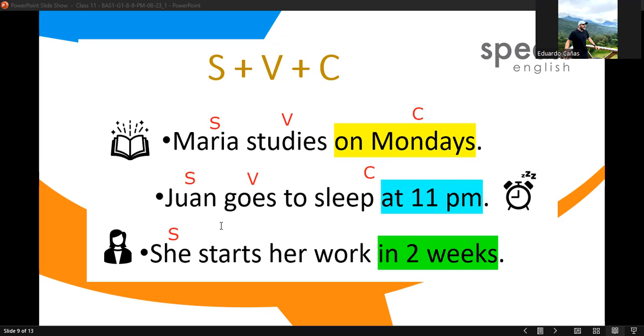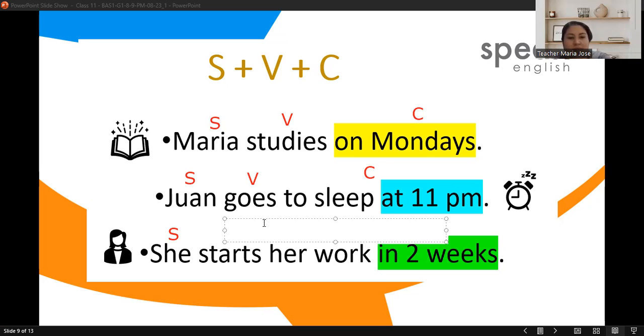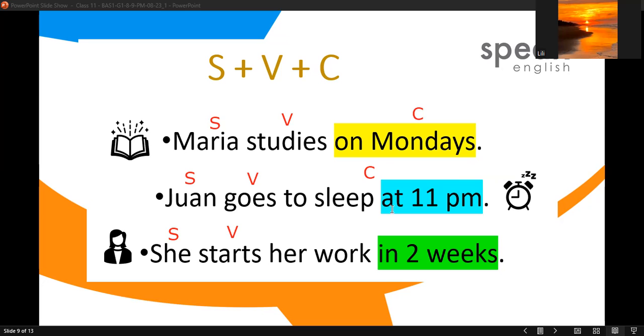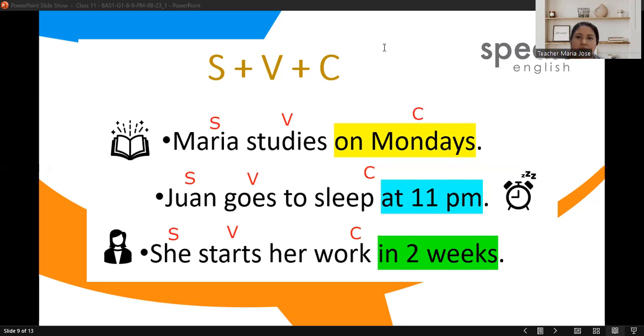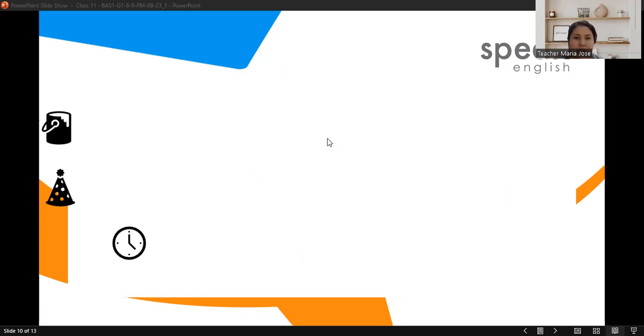Verb is start. Excellent. And which one is my complement, Lily? Her work in 2 weeks. Perfect. Okay. So as you can see, we follow the structure. Very good. Let's continue.